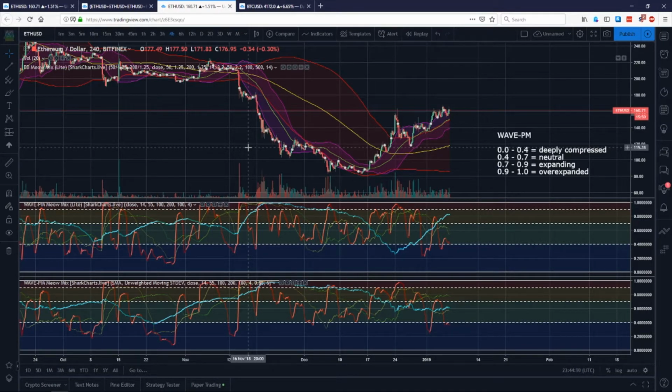The follow-up videos on 3D Wave PM and mean reversion MA will build on this, but I'm not going to go over the whole theory again.